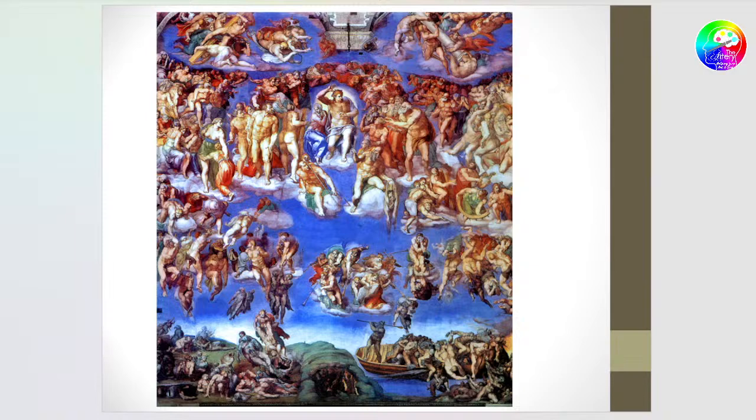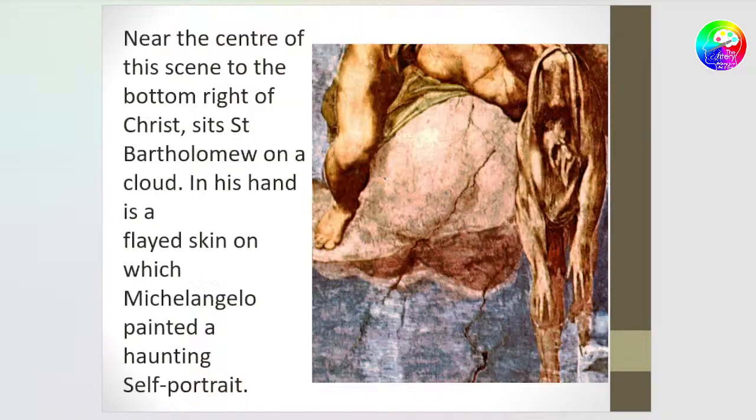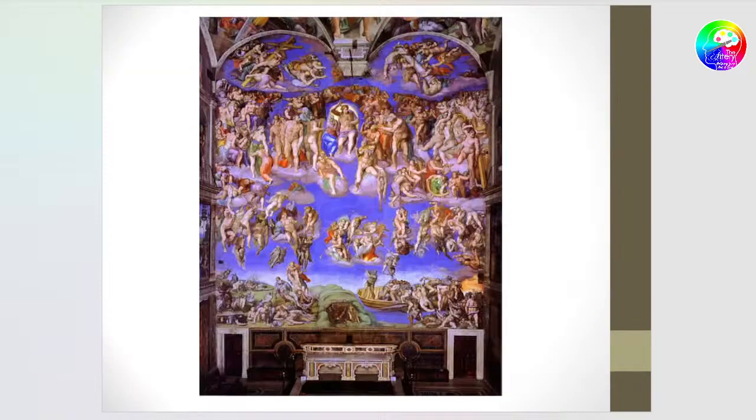Now that flayed skin is actually a self-portrait of Michelangelo. There we go. So it's a skin without any body inside it. What an achievement this would have been for Michelangelo. How stunning would it have looked?